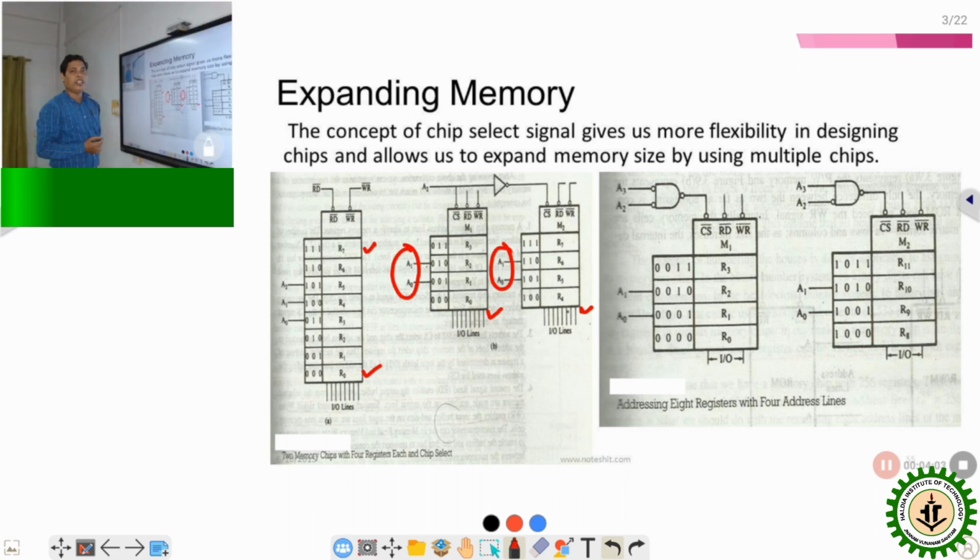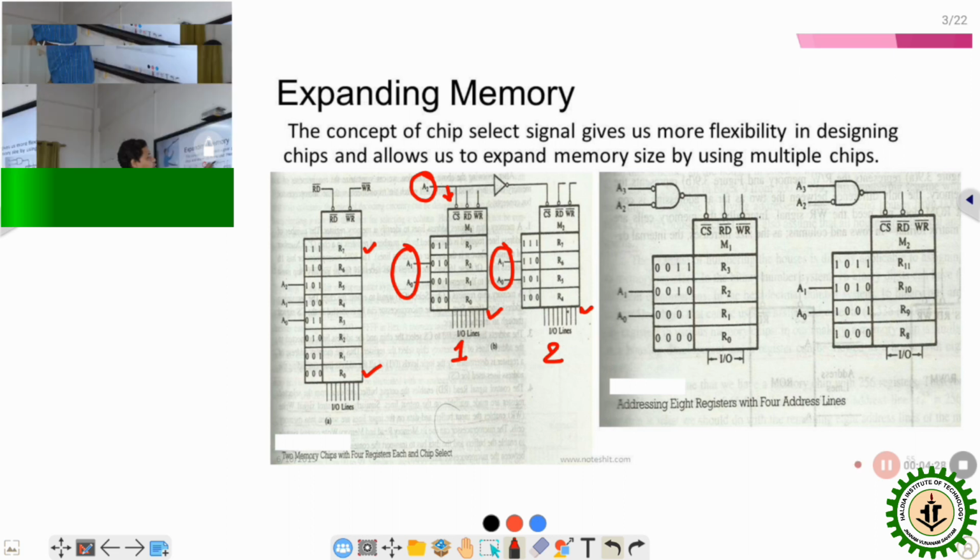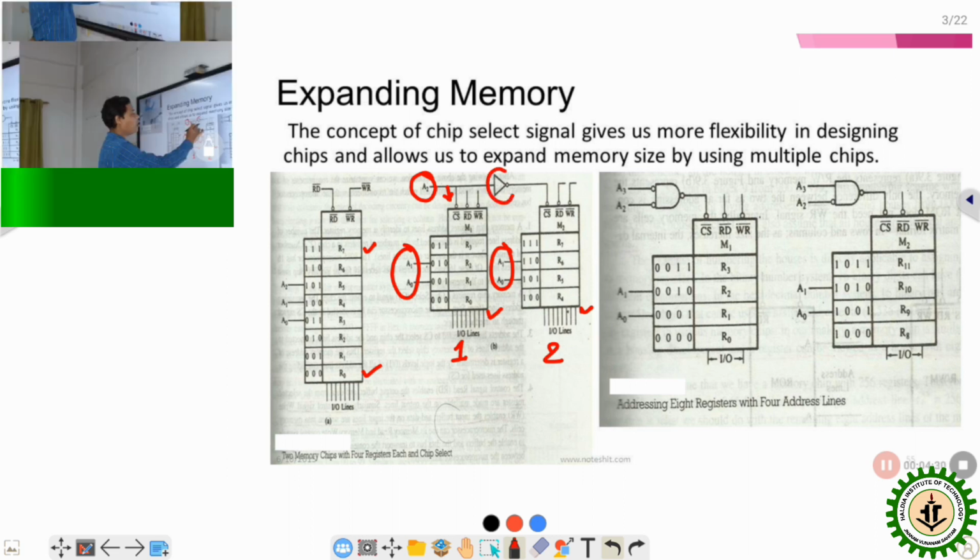For that we need to use a third address line, namely A2. And how is A2 connected? If we consider this is memory chip 1 and this is chip 2, A2 is connected with the first memory chip directly, whereas with the second memory chip through a NOT gate.